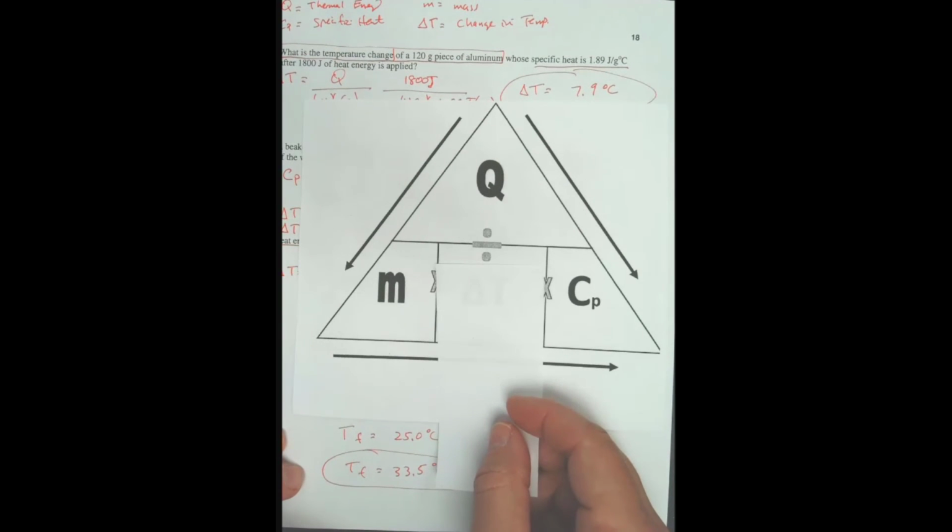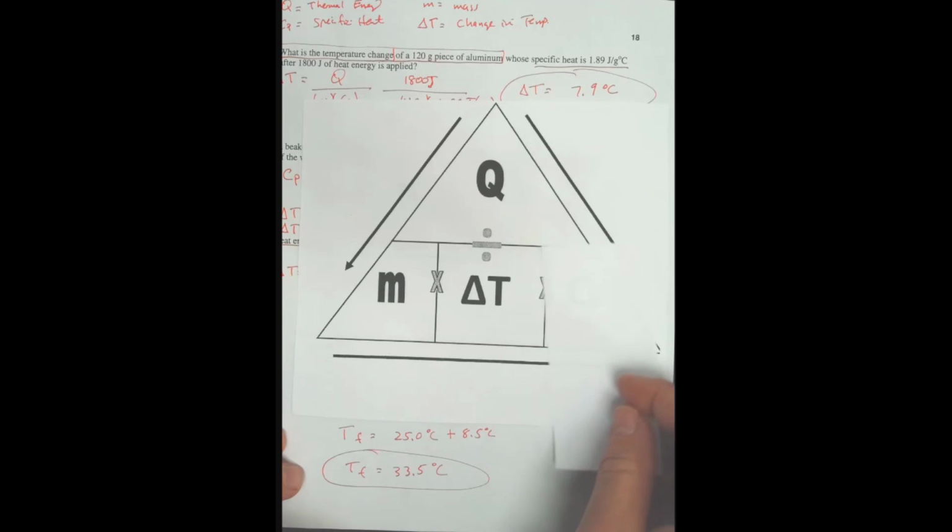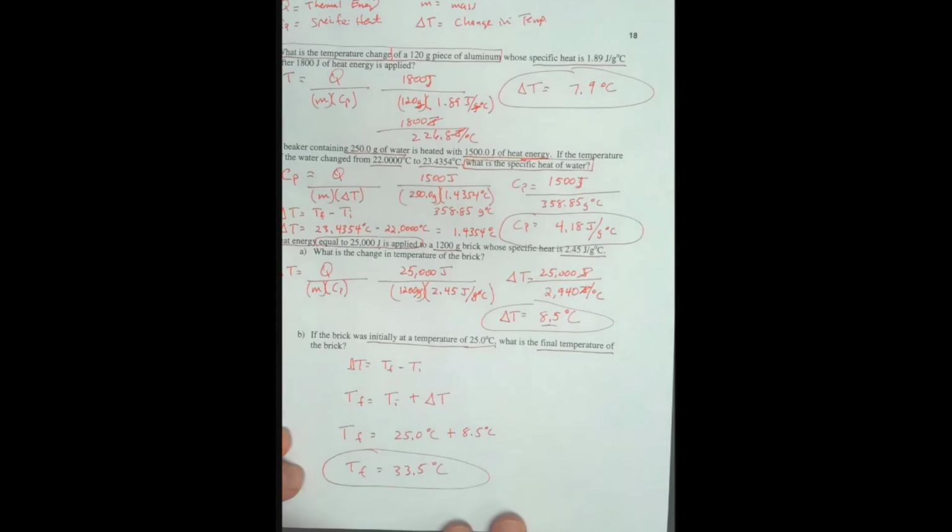We manipulated it so we could find the change in temperature a couple of times by taking Q divided by mass times specific heat. And then one different time, we also found the specific heat by taking our energy and dividing that by mass times the change in temperature.